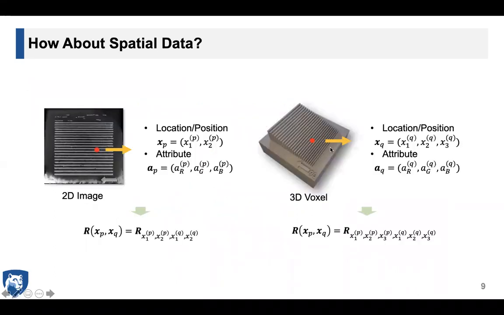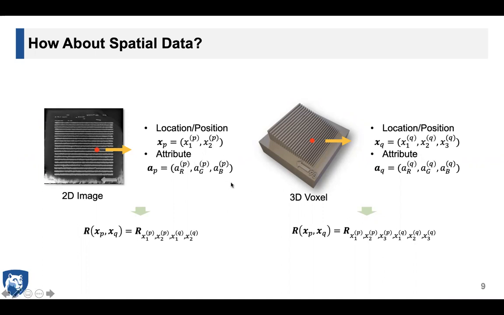But the problem is, in AM, most of our data are 2D images or 3D voxels. Compared to 1D time series data, a pixel, for example, in this 3D image contains more information. For example, this pixel that is highlighted in red in the 2D image not only includes the X and Y coordinates, but also has the attribute in RGB color.